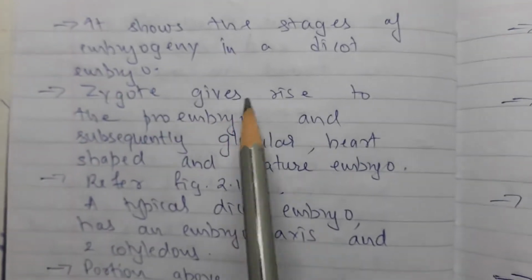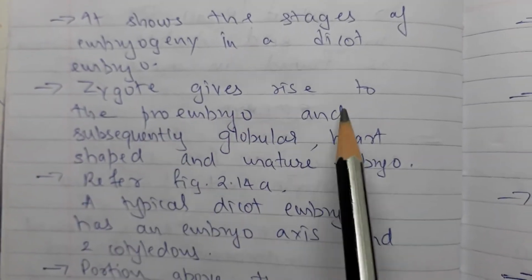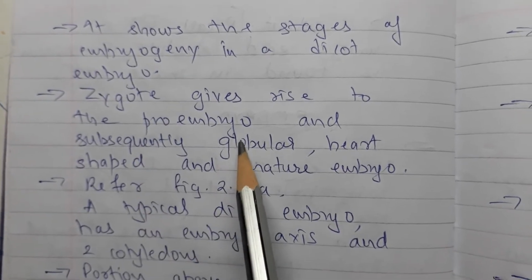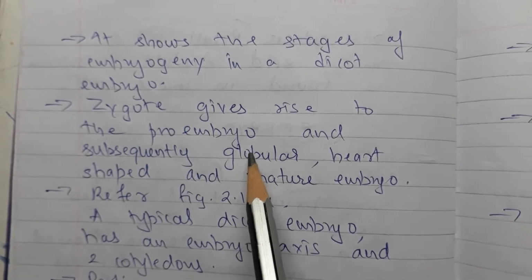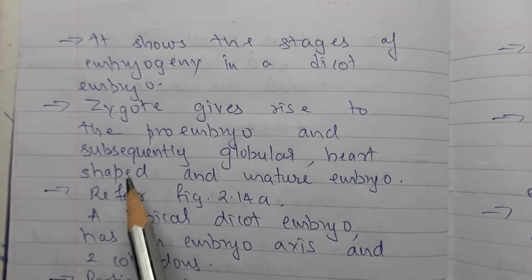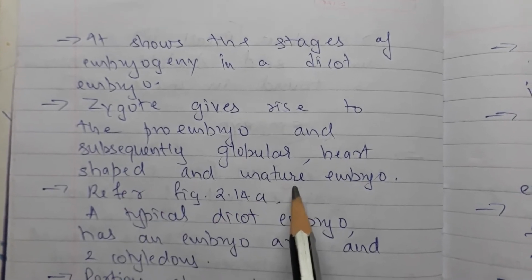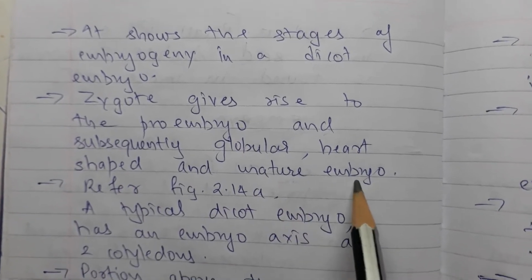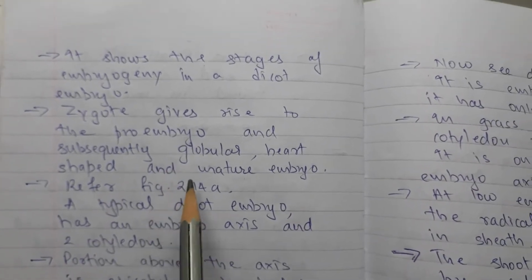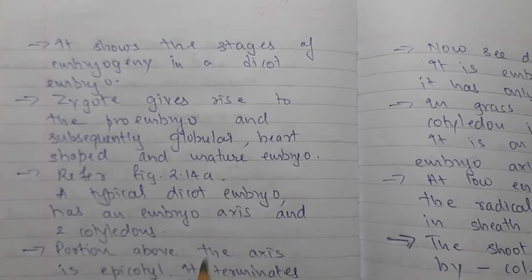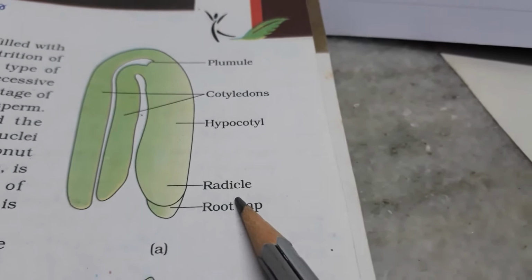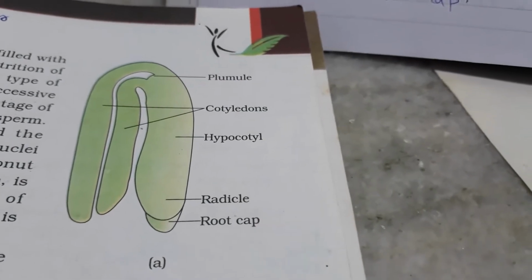Zygote gives rise to proembryo and it is taking various shapes. Globular, a big globe ball-like structure. Then it becomes heart-shaped, and then it becomes the last stage, that is the mature embryo. Now you can refer the figure 2.14a here. This is taking place in a dicot embryo.